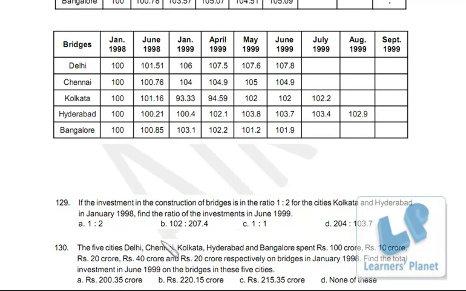Okay. If the investment in the construction of bridges is in the ratio 1:2 for the cities Kolkata and Hyderabad in January 1998, find the ratio of the investment in June 99. Okay, so we have Kolkata and Hyderabad and June 99.